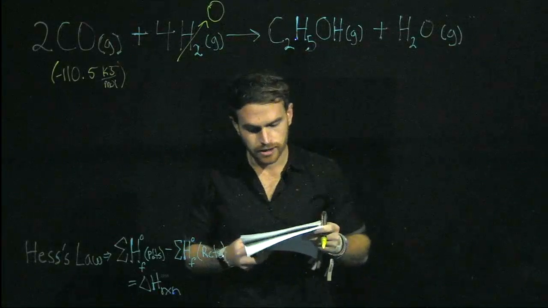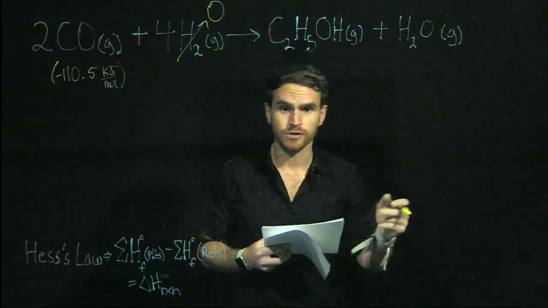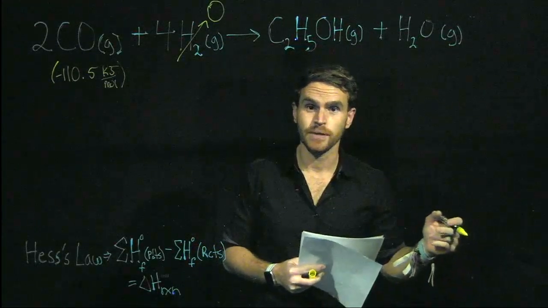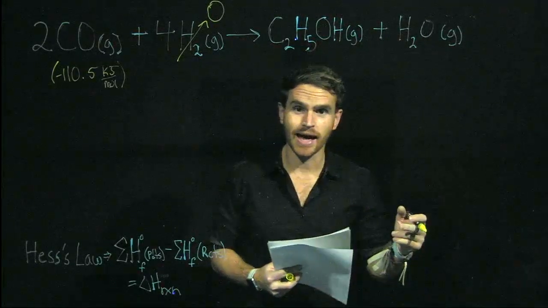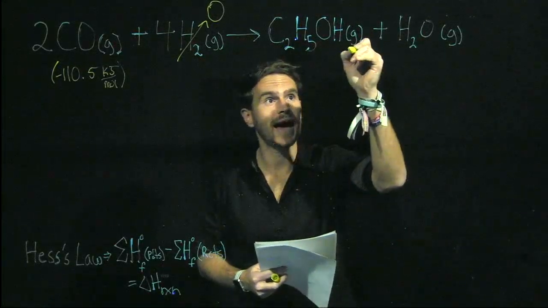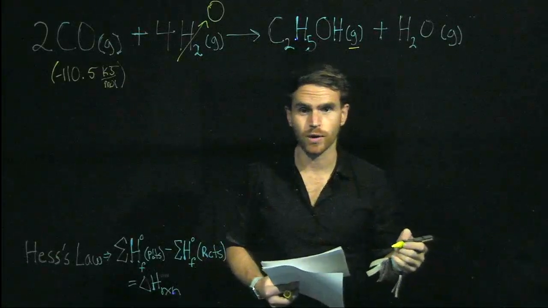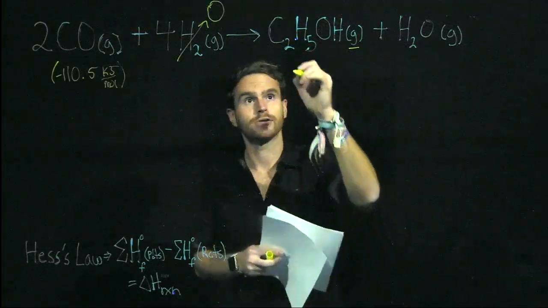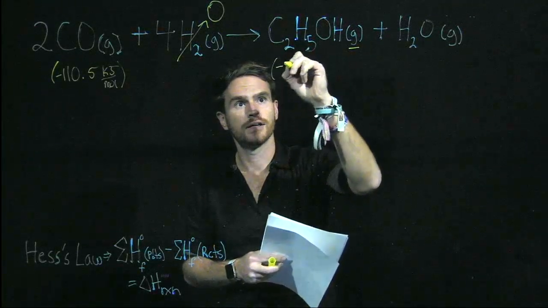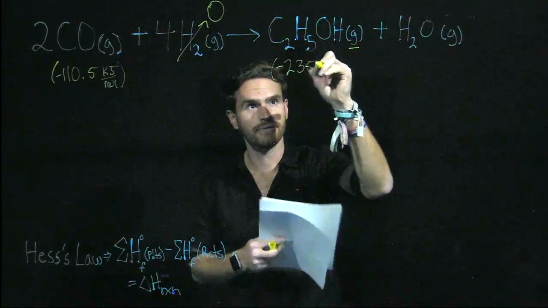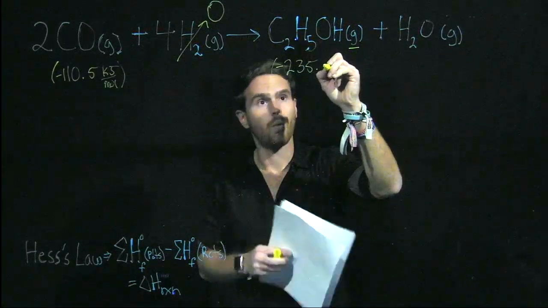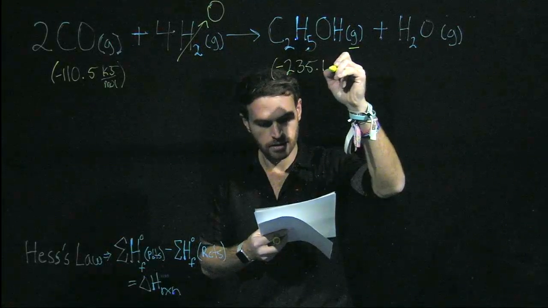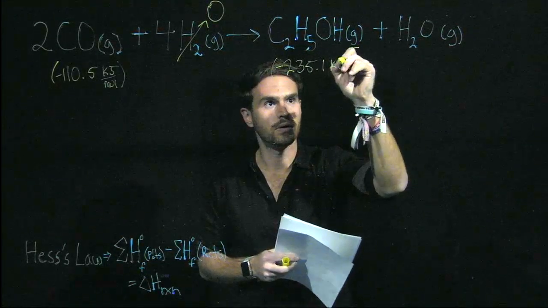You can also find in your table different values for C2H5OH, one for the liquid and one for the gas. We need to use the one for the gas, as given in our chemical equation. For that value, you would find negative 235.1 kilojoules per mole.